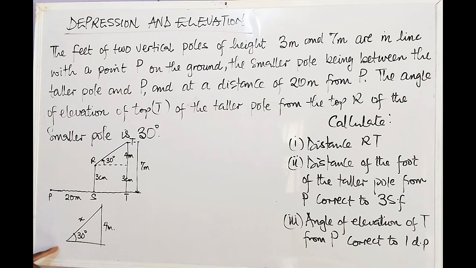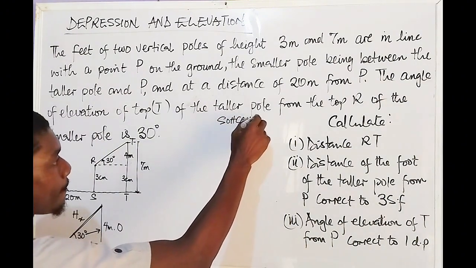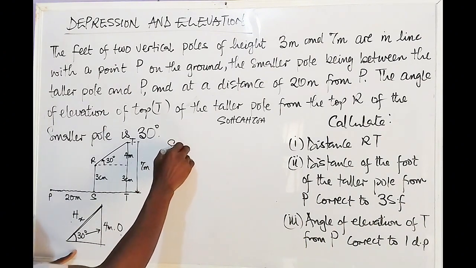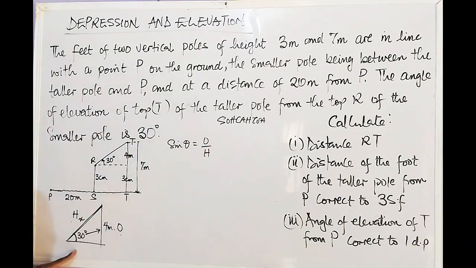This side facing the angle here is called the opposite. The longest side here is the hypotenuse. From our SOHCAHTOA, we can establish the relationship between this angle, opposite and hypotenuse: sine theta equals opposite over hypotenuse.